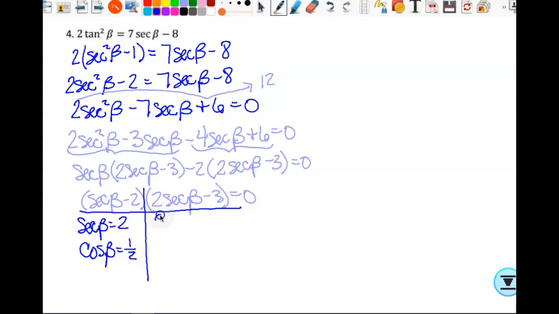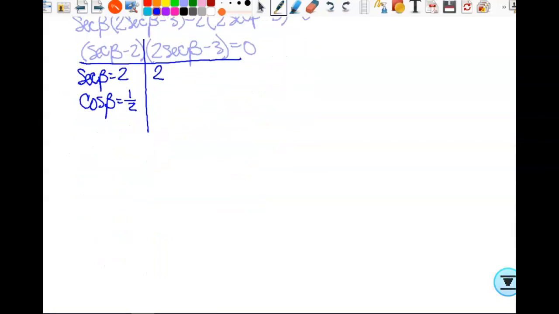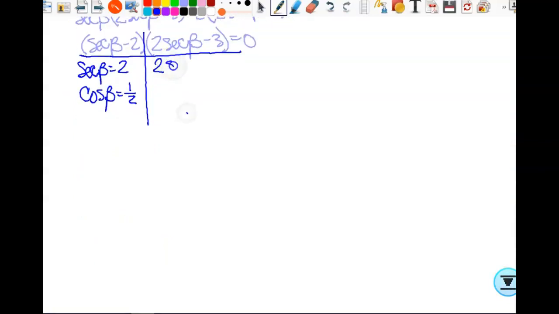And then here I would have 2 secant beta equals 3. So secant beta equals 3/2, which means cosine beta equals 2/3.